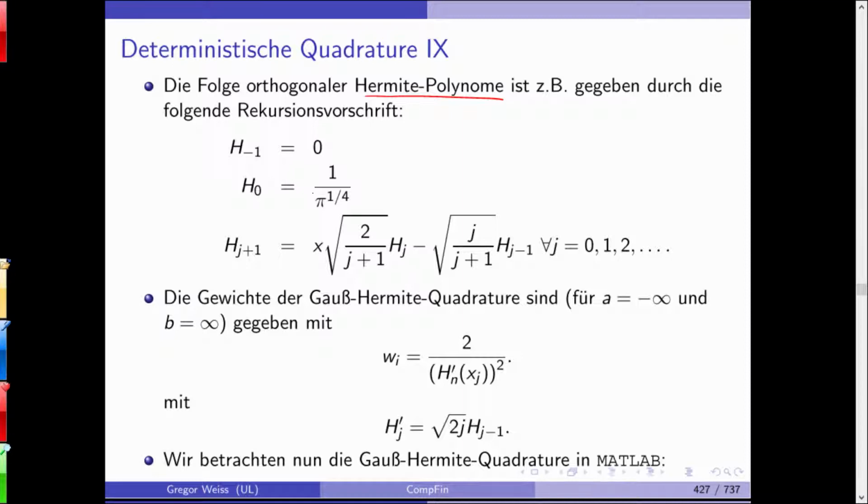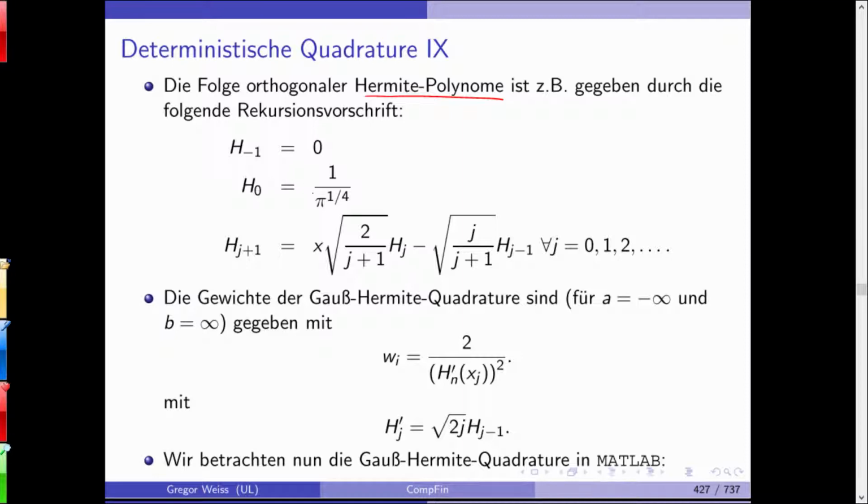Now, the next would be h1. h1 is x times h0. So you take the line before, insert it into the last line, minus the root times h(j-1), which would be 0. Then you have h1.